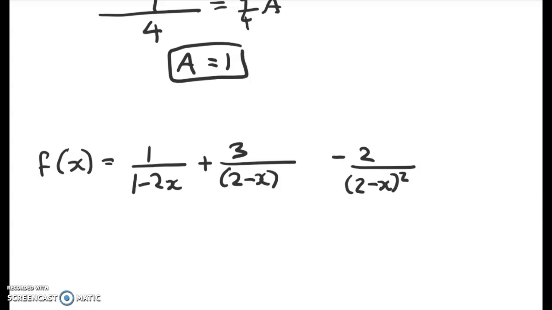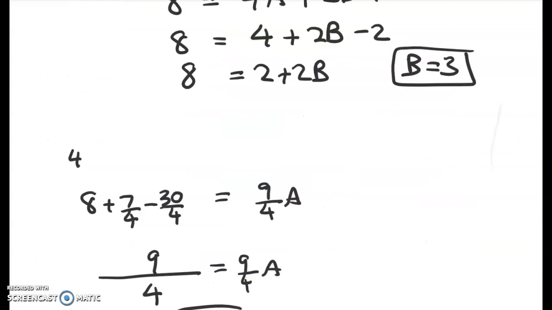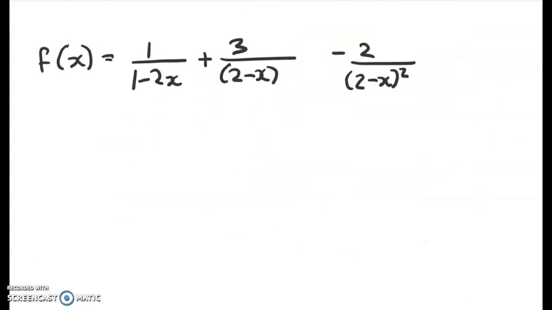We're ready now to expand this. Remember the question, the second part, asked me to get the expansion in ascending powers up to and including the term in x squared. So that means I'm going to need to get the first 3 terms of each one. I'm going to do this one and this one separately, and then I'll add them together.